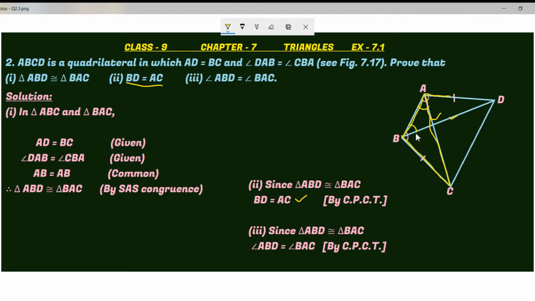This triangle and this triangle. Now you can see in this triangle these two are also corresponding angles of congruent triangles. So angle BAC is equal to angle DBA. So these two are equal by CPCT.